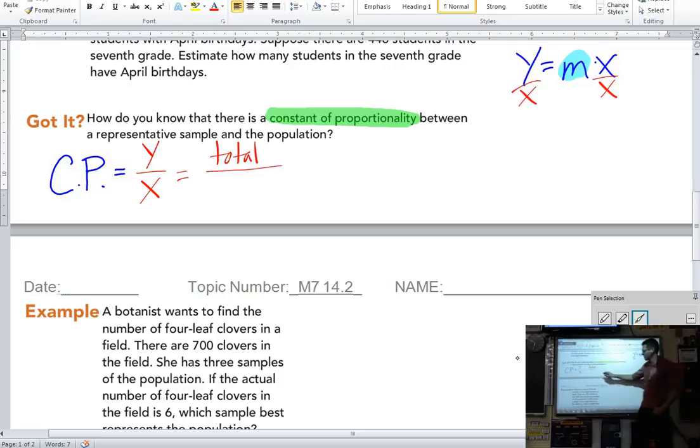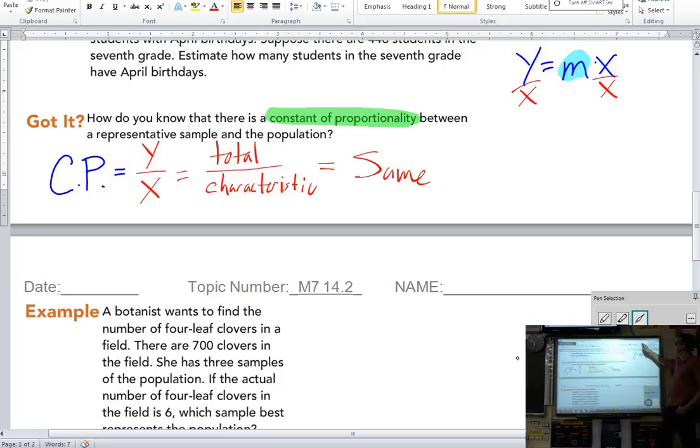Whatever characteristic you're looking at, just because the y and the x. Now we could flip this, and still they'll come out to be proportional. But think about if I go back up to the total being equal to the characteristics. So remember your 56 April birthdays.